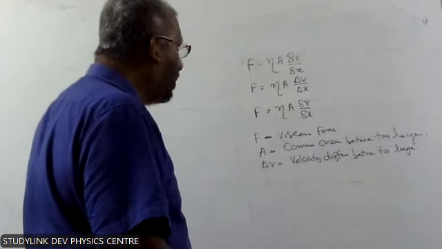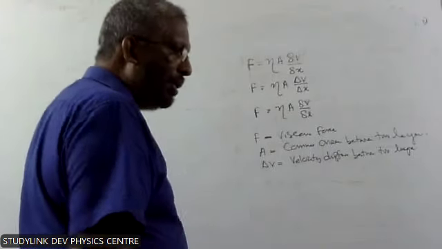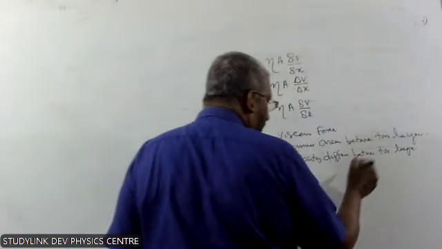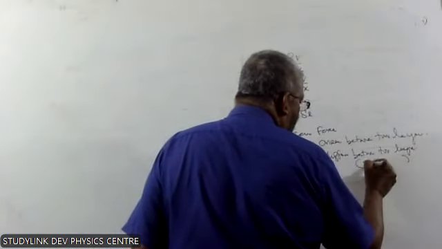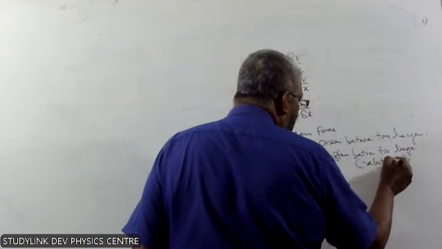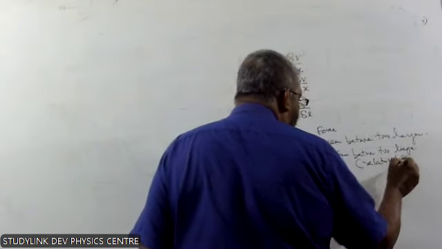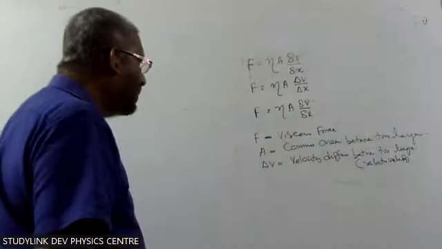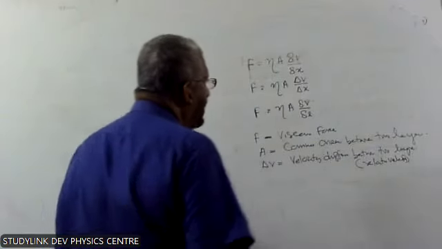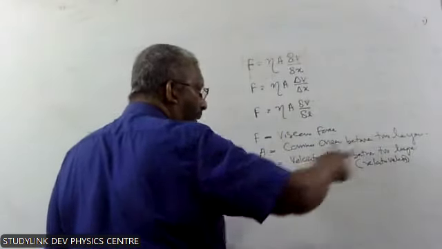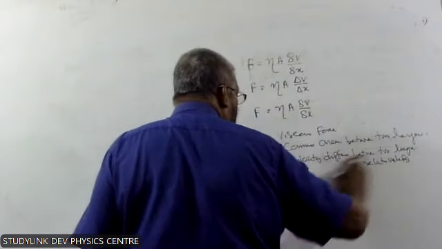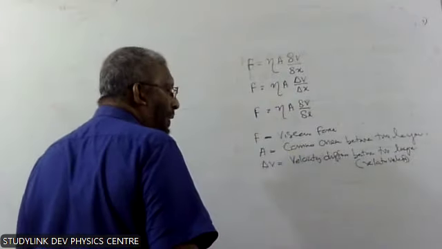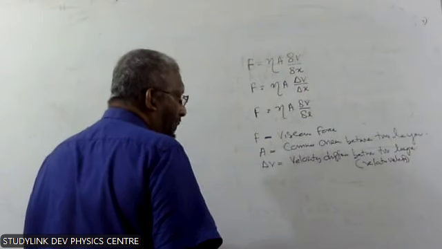If they are moving in opposite directions, you have to add them. So that means the relative velocity of the two layers. If they say flowing in one direction, the velocity difference is enough. It depends on the way they give the question.